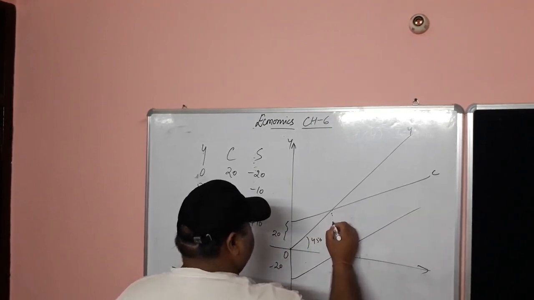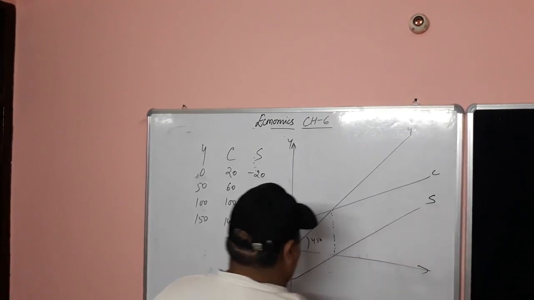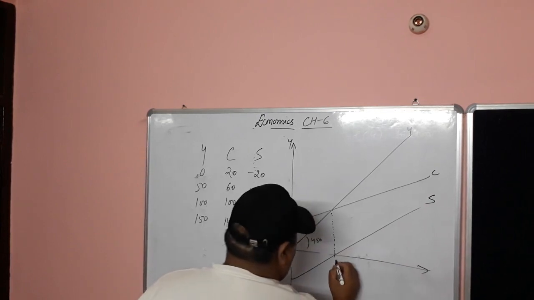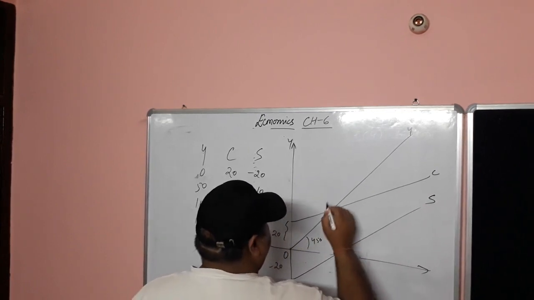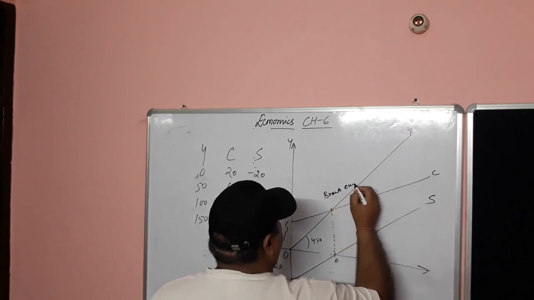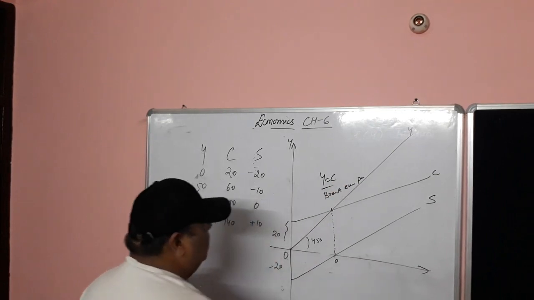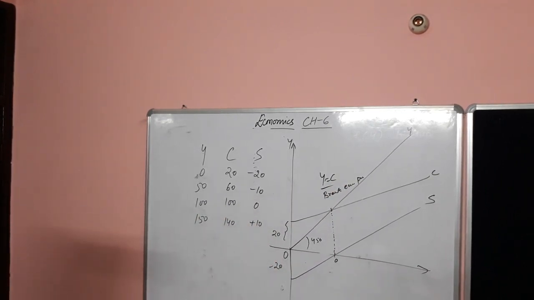Where the consumption and income curves cut, saving is 0 and this point is the break even point, because income and consumption are equal to each other.